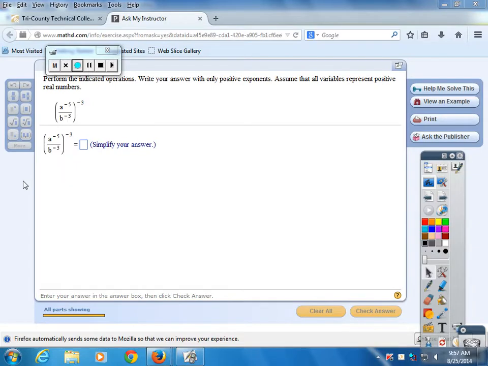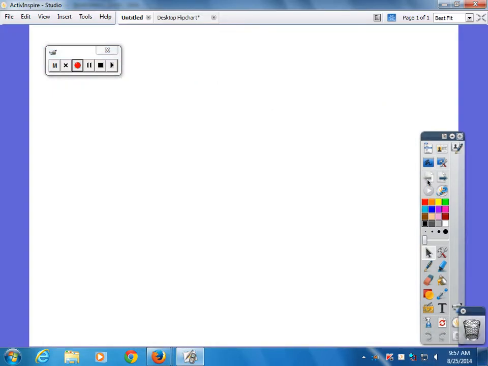All right. A to the negative fifth over B to the negative third, raised to the negative third power. Now, there's several things you can do here. First of all, let's go over the handy-dandy rules. The first rule is called the product rule. And yes, you need to know what to call them. You just don't want to say, that's where you take them exponents and do this and do that. Then you sound all crazy.